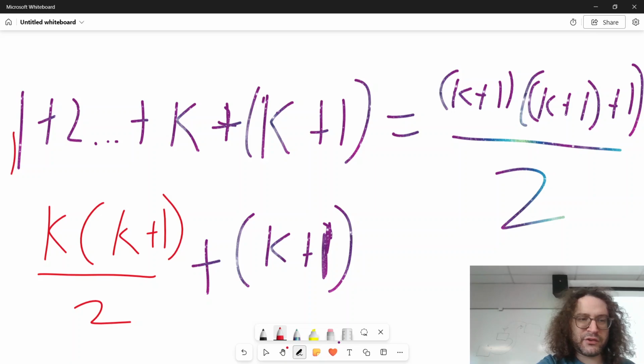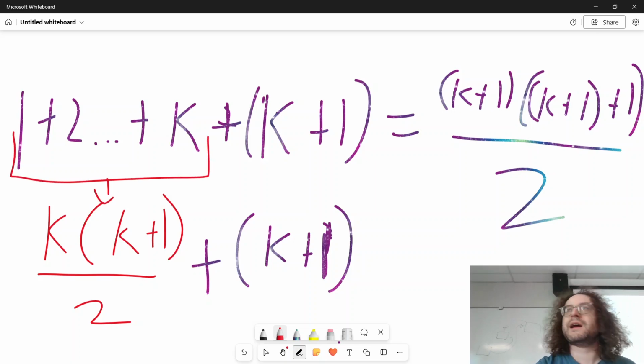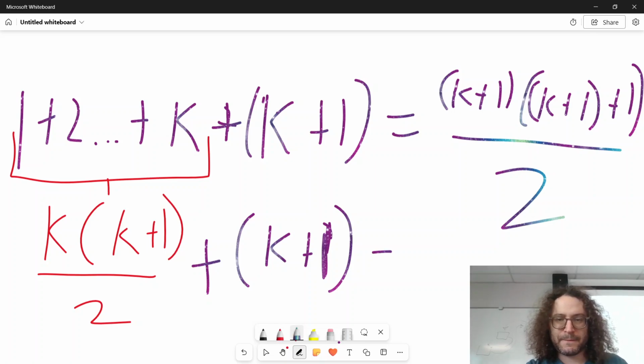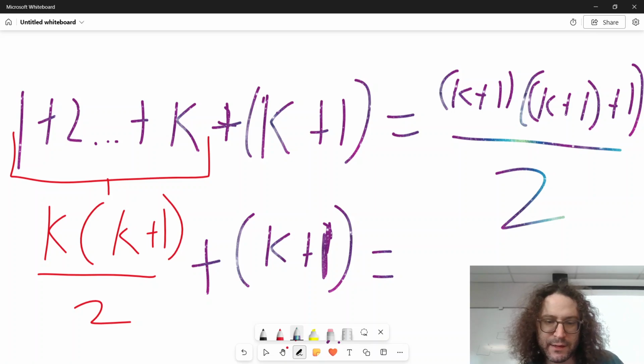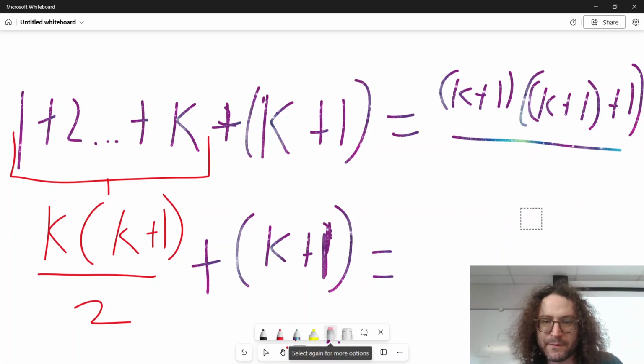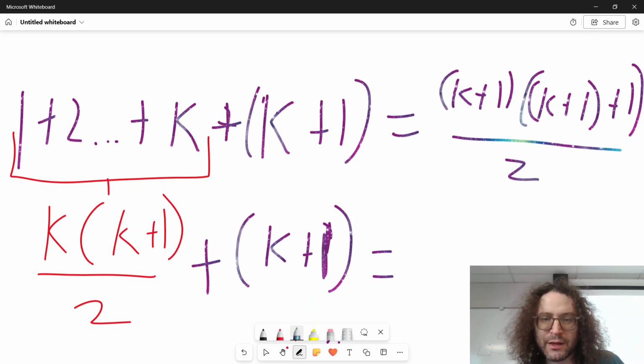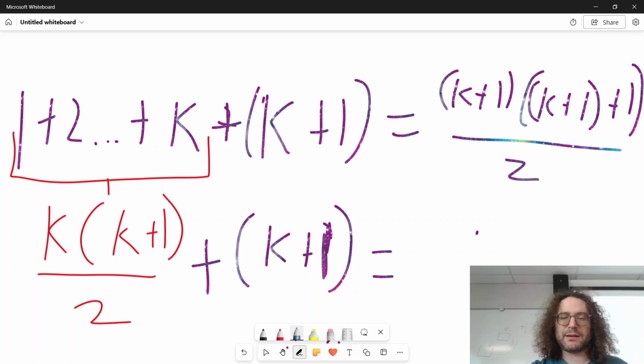So all I did was translate this bit into the formula that we're assuming is true. And then let's go ahead and just clean this up a bit. It's equal to, and the same side, I'm not going to bother rewriting it, dot dot dot, right? It's equal to the same thing.